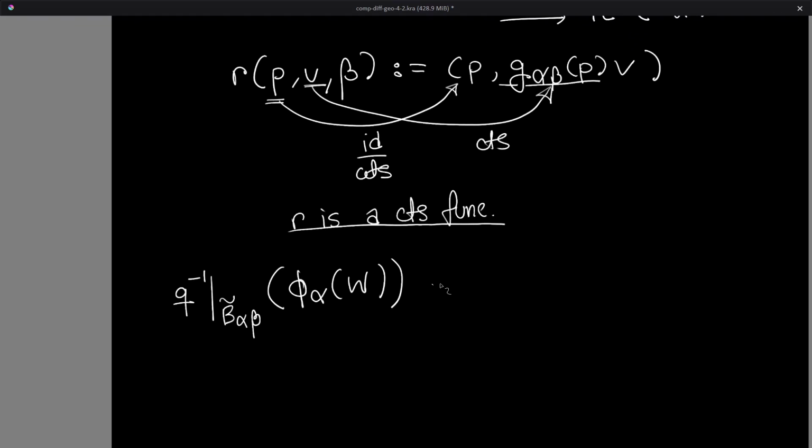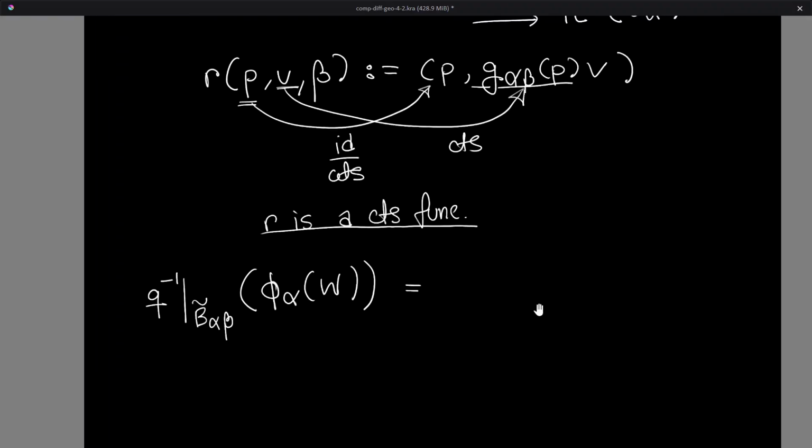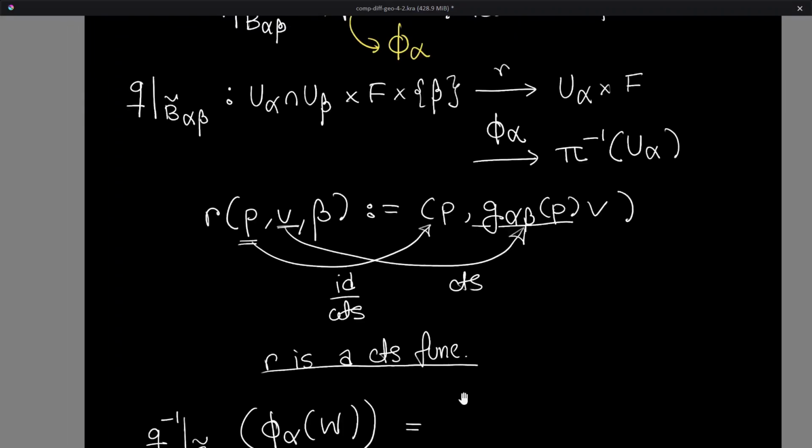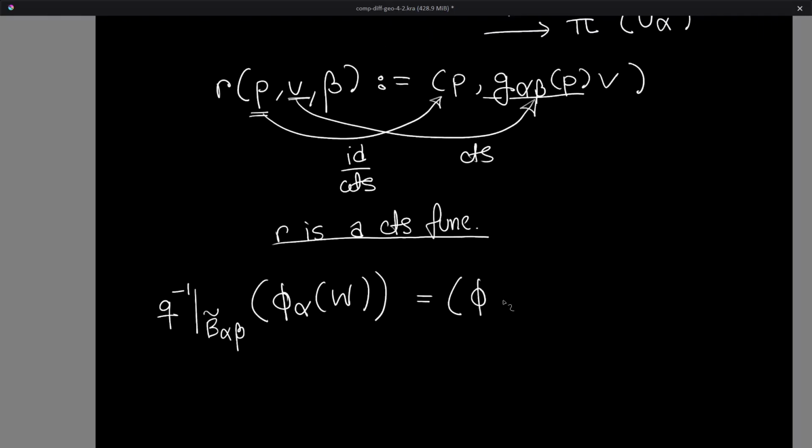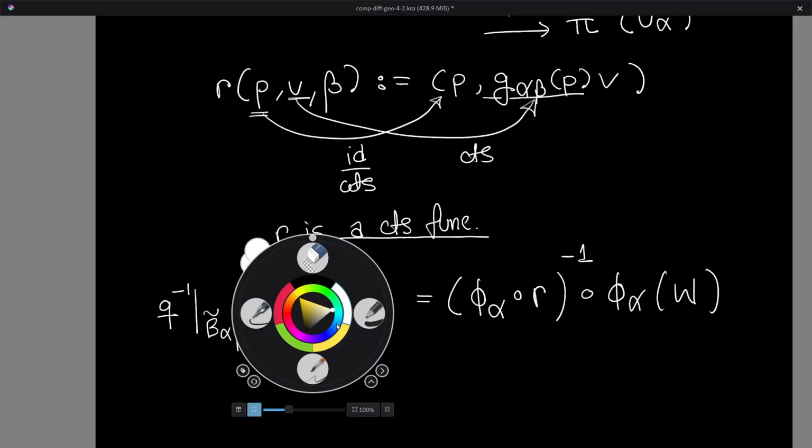So what does this equal? Let's look at it over here. This is phi alpha. Let's substitute phi alpha after R after phi alpha of W, and this is inverted. Let me color code that.